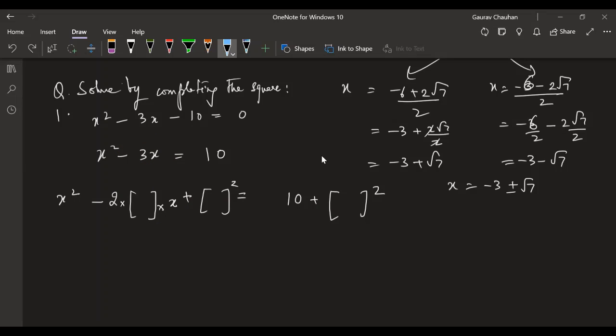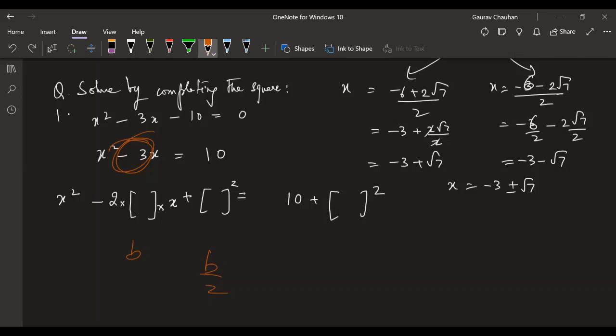Okay, so one simple way of thinking is just divide this thing by 2. Whatever you have here, you divide by 2. If you have b, you write b by 2. Correct, because when you multiply by 2, you will get b again.